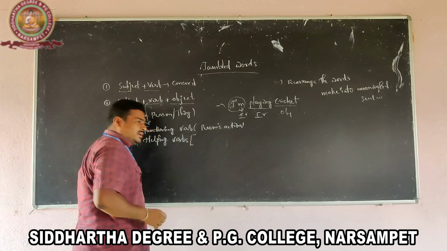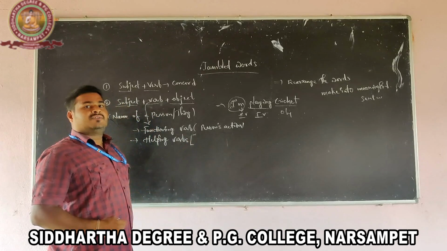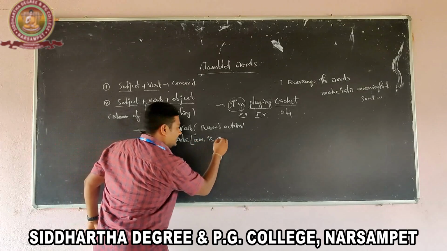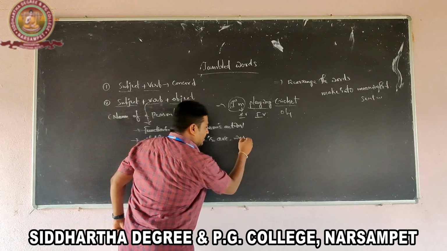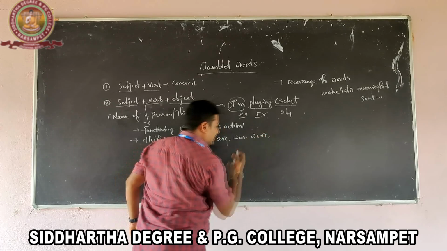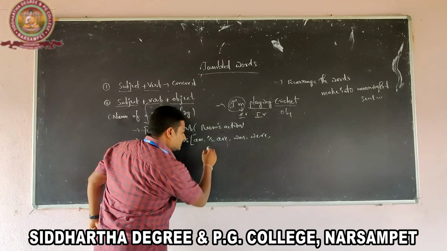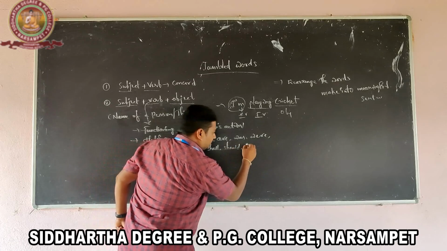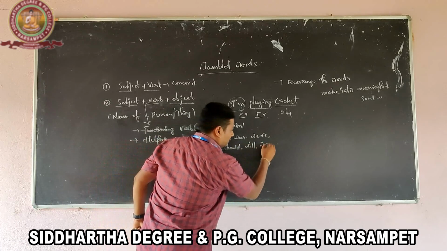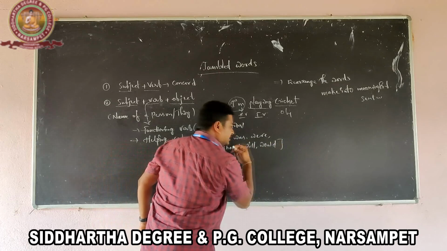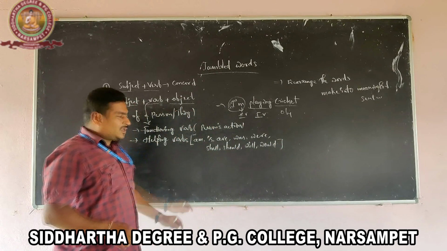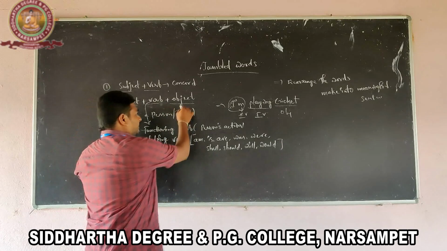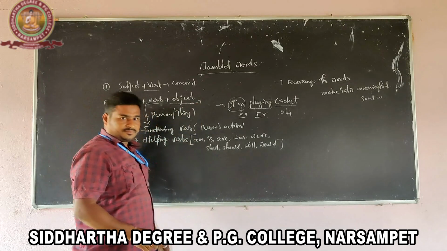In English grammar, we have a number of helping verbs, for example am, is, are, was, were, next shall, should, will, would, like this. These are some of the helping verbs. And the last one is object.